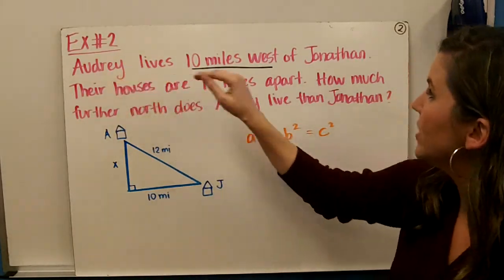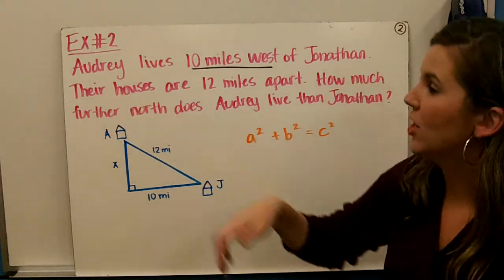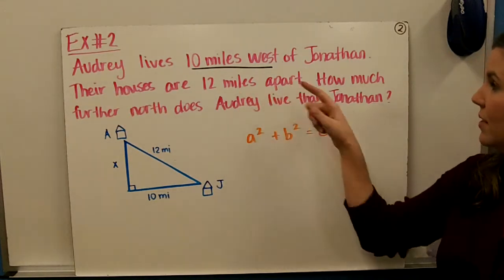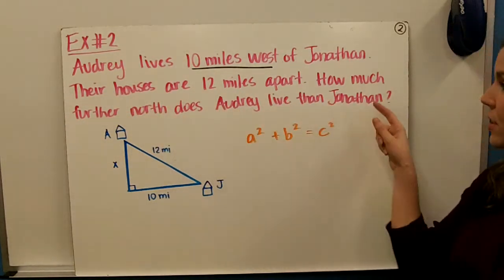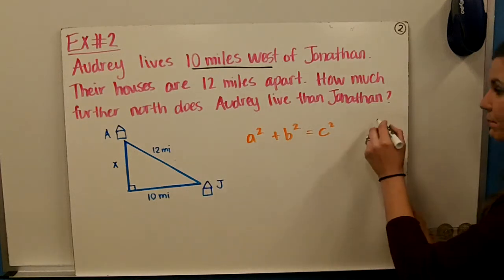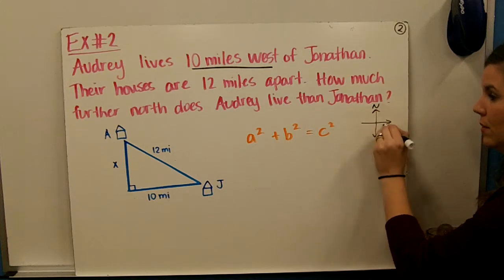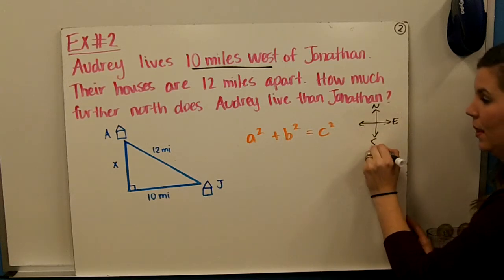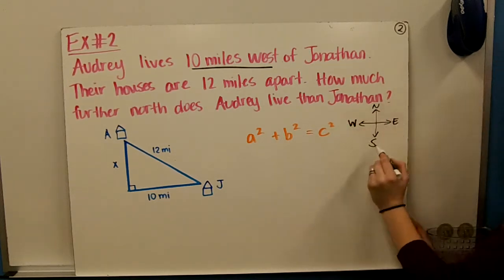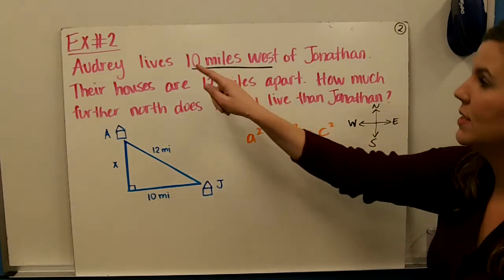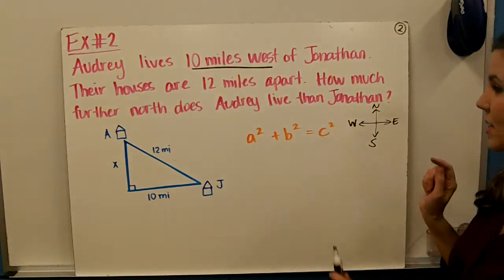Example number 2. Audrey lives 10 miles west of Jonathan. Their houses are 12 miles apart. How much further north does Audrey live than Jonathan? So make sure that you know your directions. All right, north, east, south, west. And we can see Audrey lives 10 miles west of Jonathan.